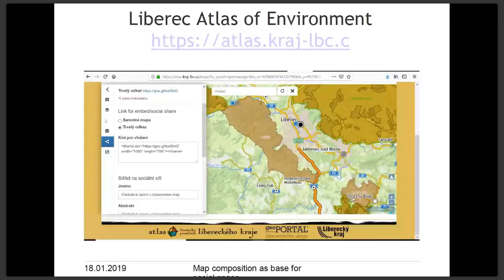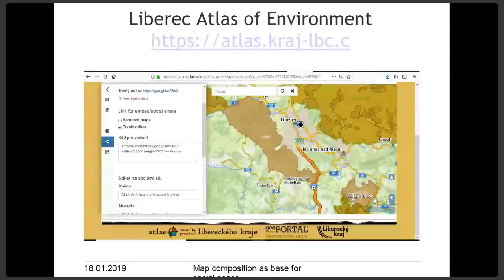I mentioned that we also have the description of this map composition in the metadata. We are using the standard ISO 19115 for description of the metadata, but we are also able to share this metadata in RDF, so we have this metadata in semantic form.